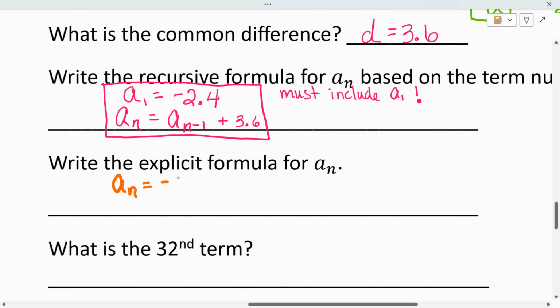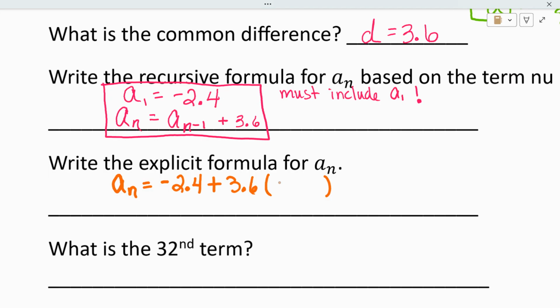Negative 2.4 plus what? 3.6 times the quantity of... if I want the seventh term, how many common differences am I adding together? 6.